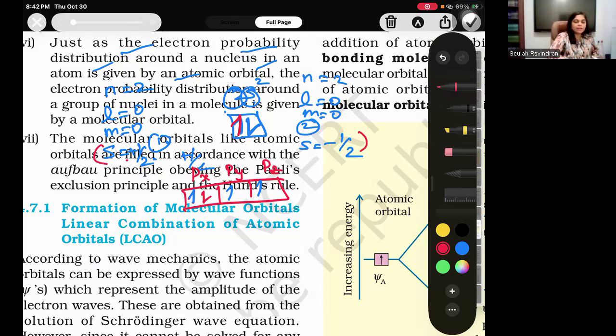So pairing occurs when the number of valence electrons in a particular degenerate level is greater than the number of degenerate levels. If it is not so, then it will be a lone electron. Okay, so this and all you have to understand. This is very important.